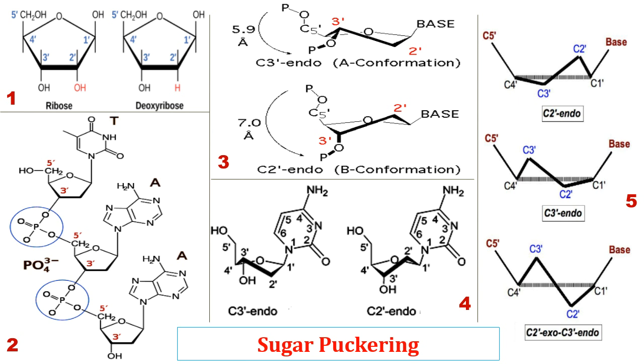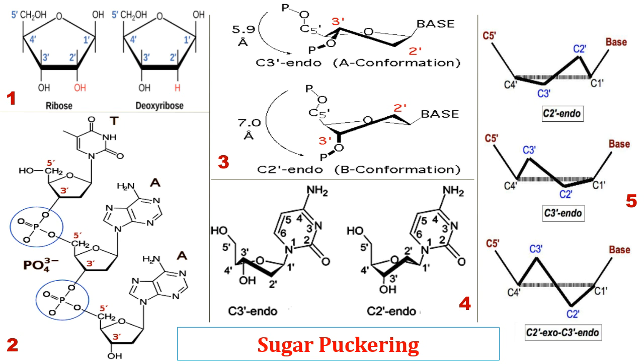Image 3 shows that carbon 3' endo conformation of sugar. Carbon number 3 has moved upside from the normal planar position of the sugar ring. Such C3' endo conformation is present in A DNA.